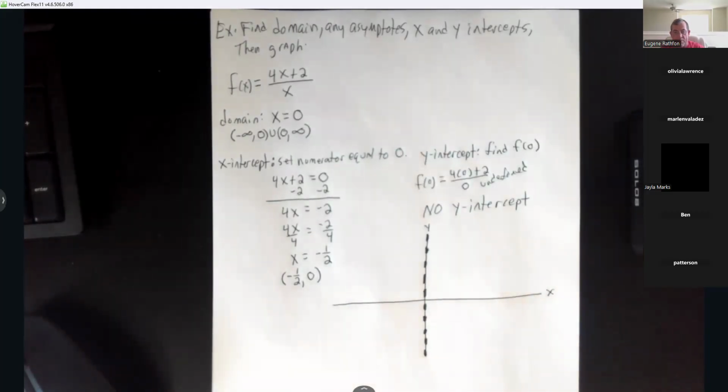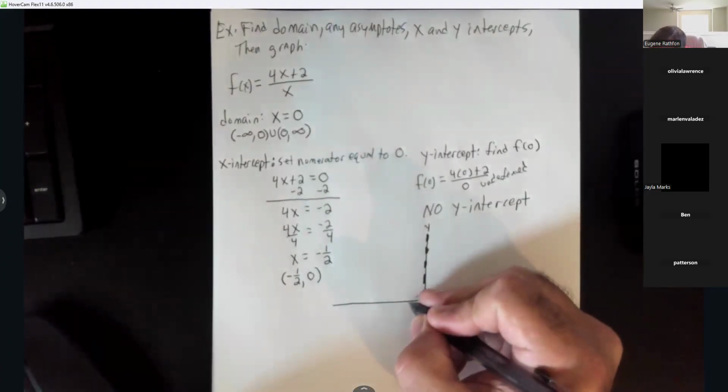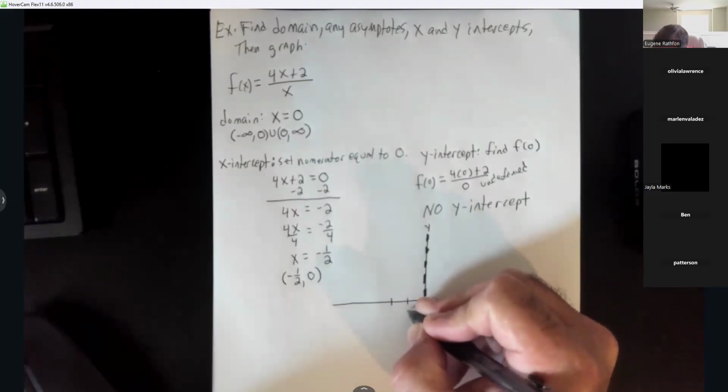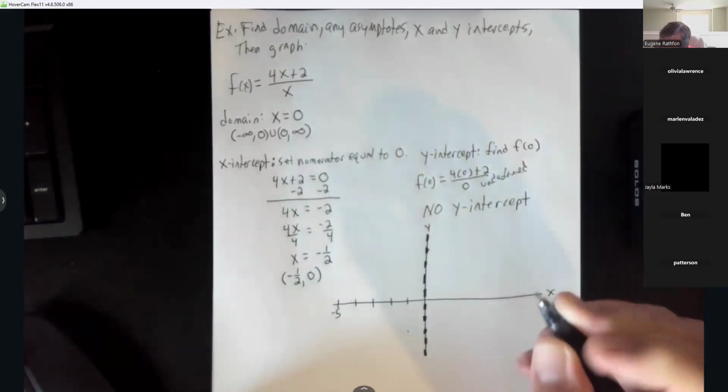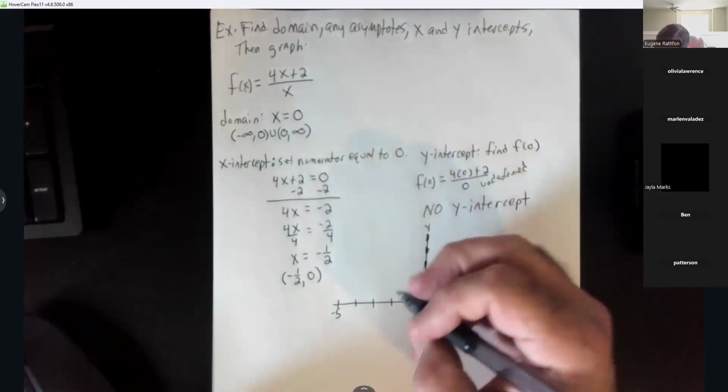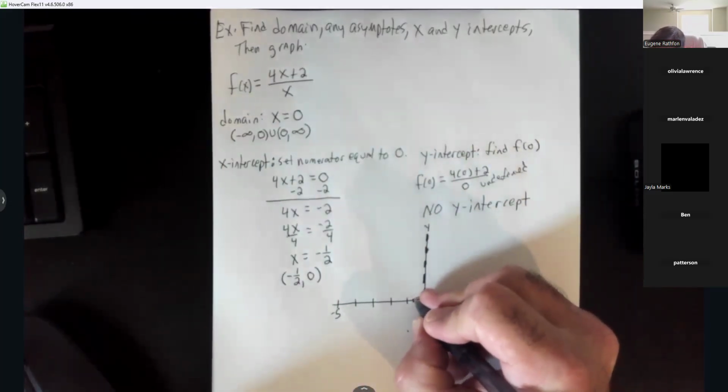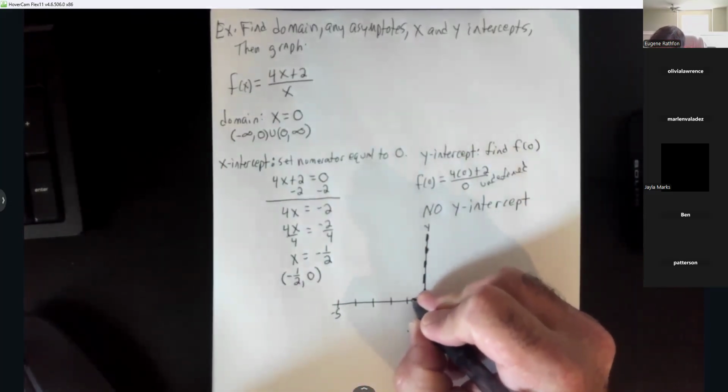So the graph cannot cross over that line. Now, I know my x-intercept, so if this was going by 1, say, -1, -2, -3, -4, -5, I know my x-intercept was over here at -1/2 and 0, which will be about right there.